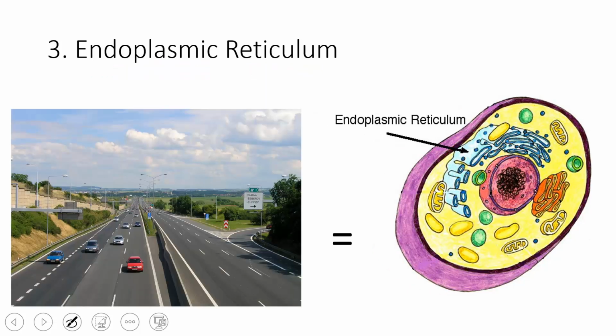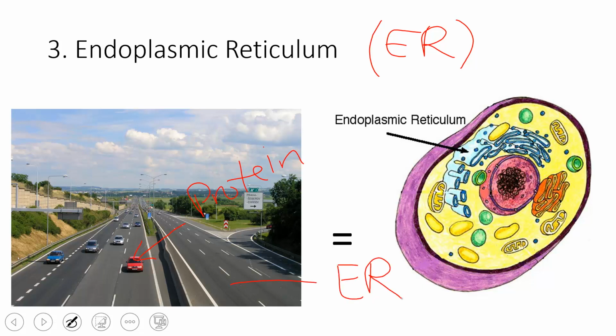It works very much like a highway. So the endoplasmic reticulum, sometimes called the ER for short, is like a highway to transport proteins. So think of all the cars that you see here as protein, and then the actual road would be the ER, or endoplasmic reticulum.